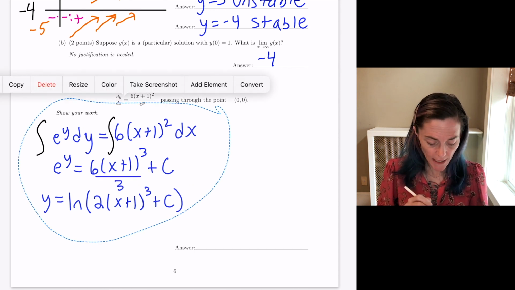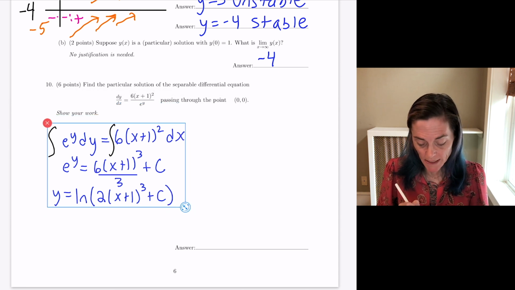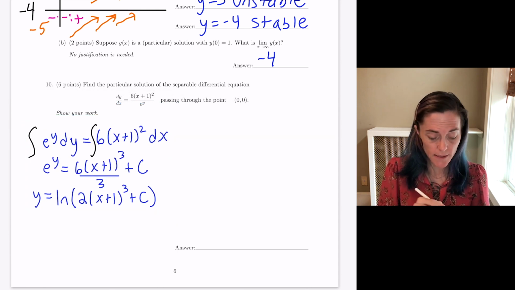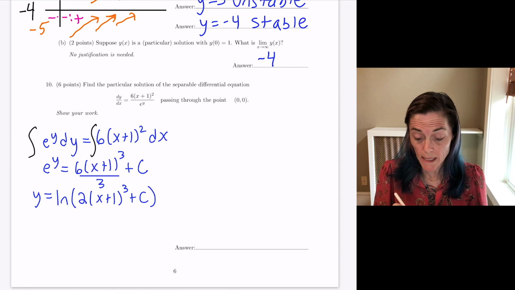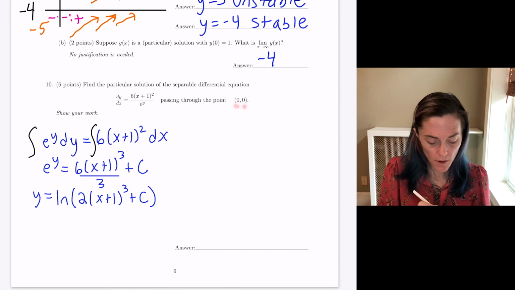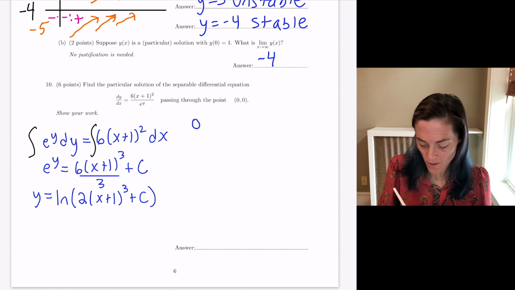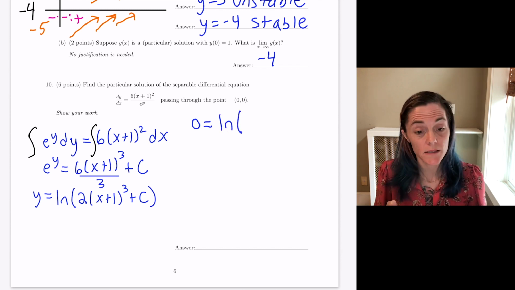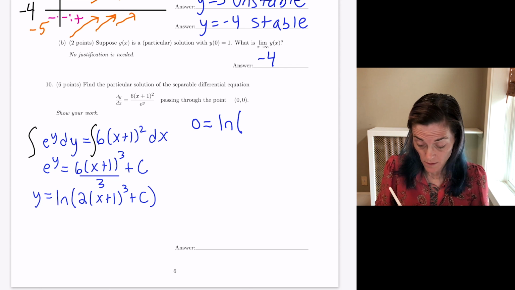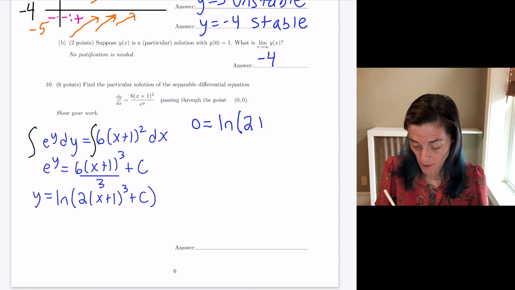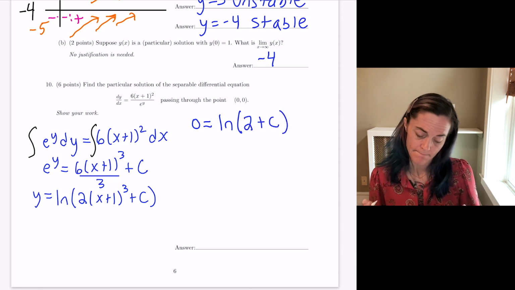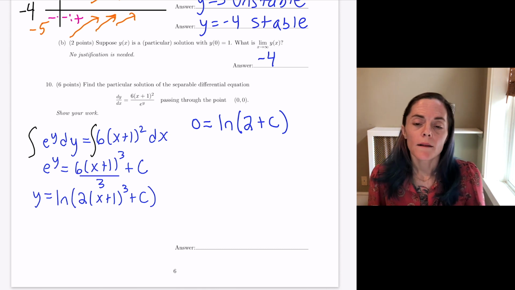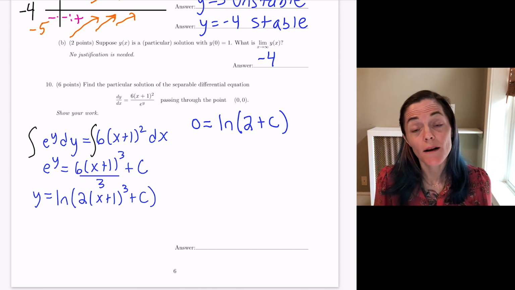Now, I'm not finished. We want a particular solution, which means I need to solve for my constant c. So this says that y of 0 is 0. So we have 0 would be ln of, we can solve for the c here, 2 plus c. Well, when is the natural log 0?